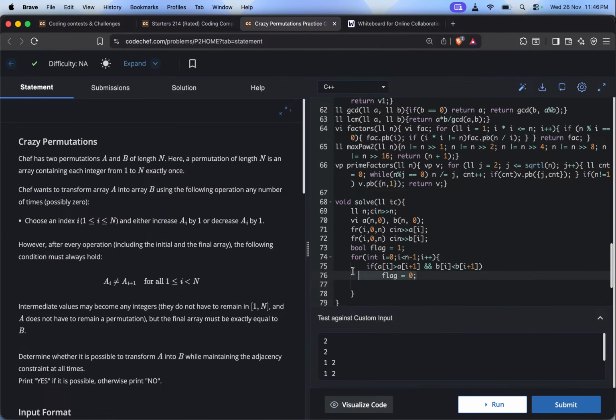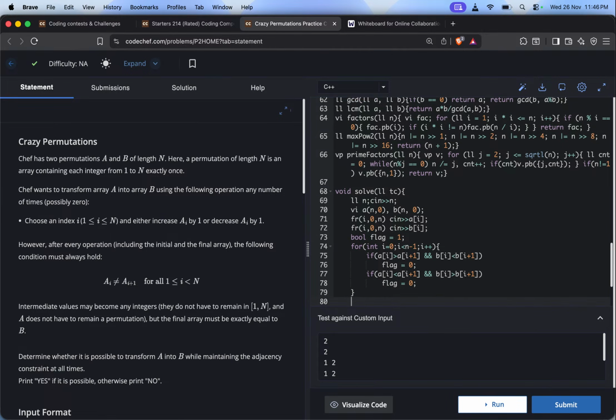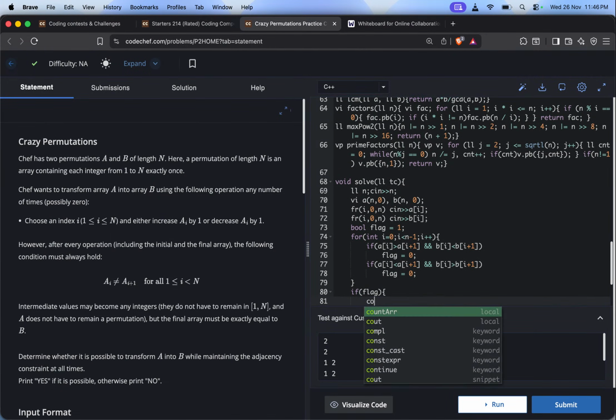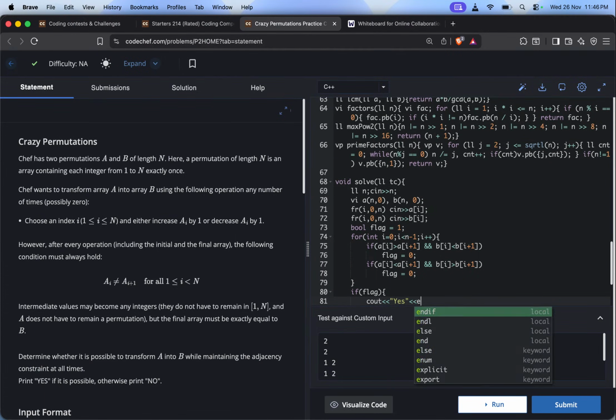And the reverse as well: this is smaller and the requirement is to be greater. If flag, then print yes, else print no.